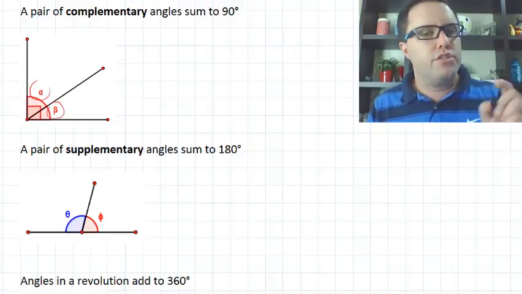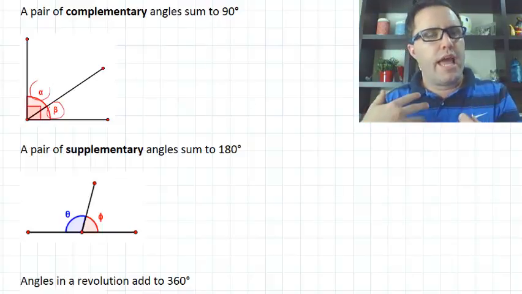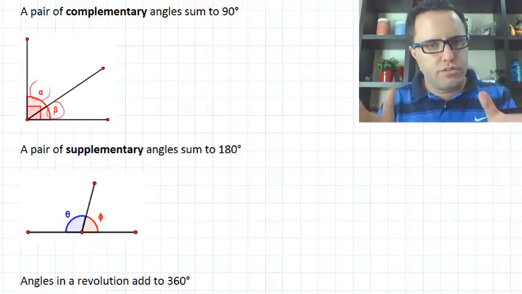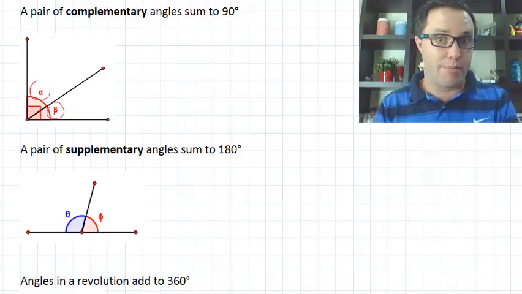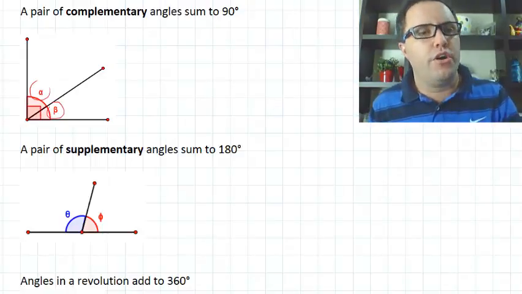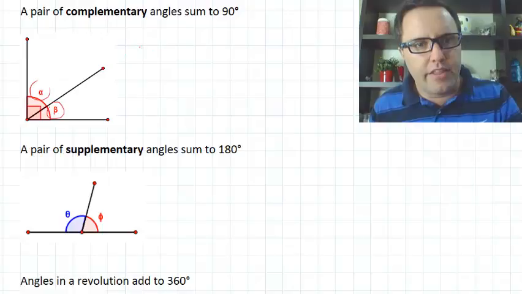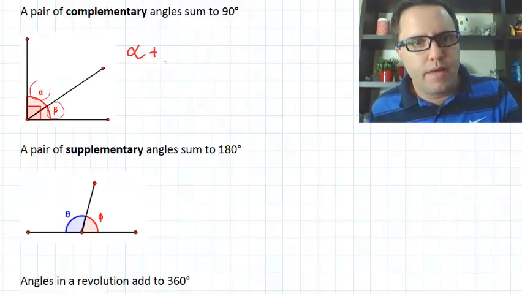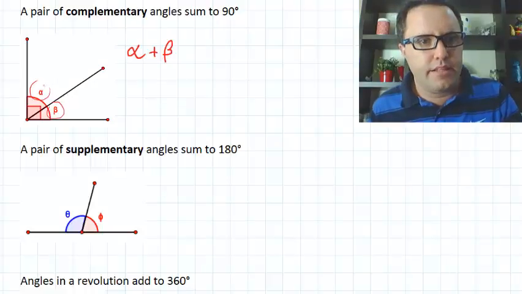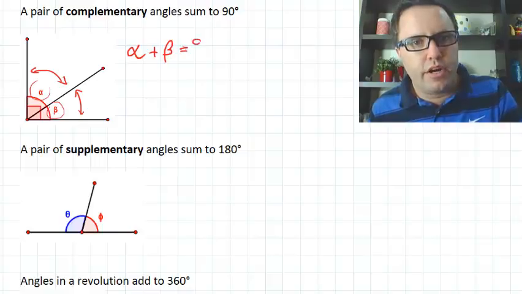Okay, so now we're going to look at how we can reason and use logic to come up with stuff. Okay, so we can say now that angle alpha plus angle beta, okay, so that's this one here, alpha, and beta is that angle there. Both of them added together equals 90 degrees.